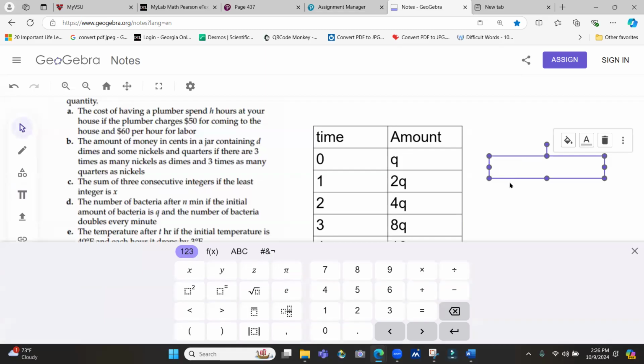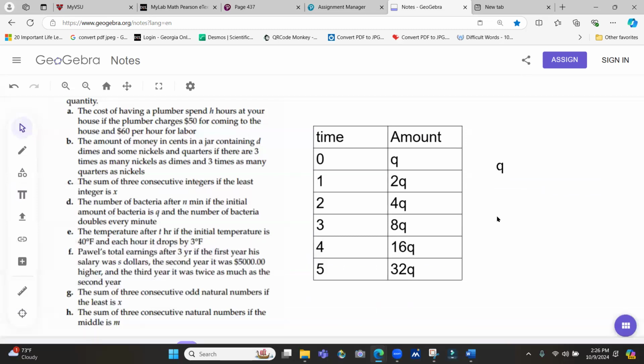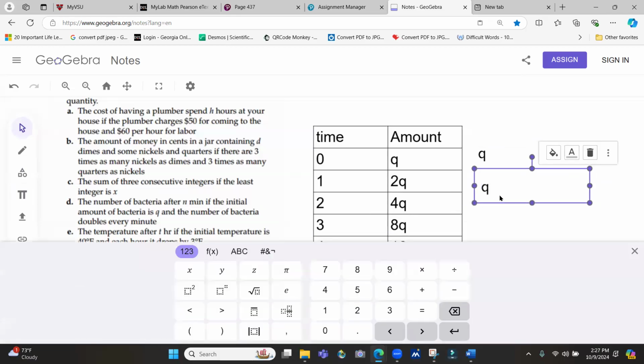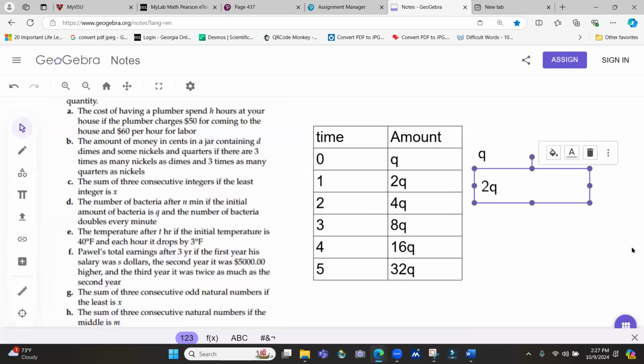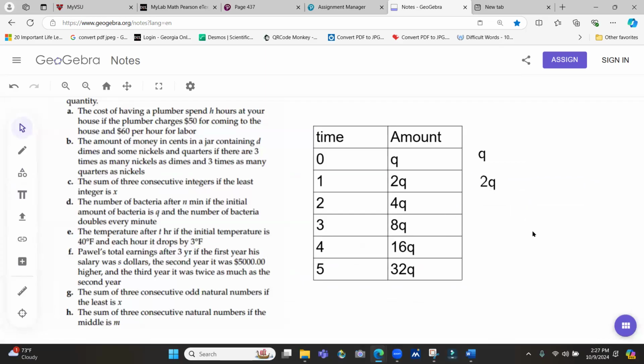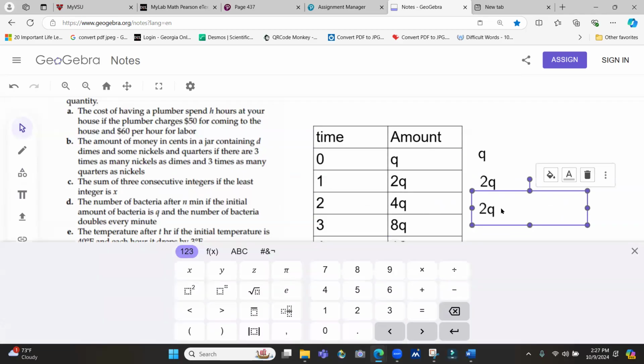This one is Q. Q is Q. Instead of 2, I can write 2Q. No change, right? I can write 2 to the power 1, but I'm going to write 2Q. But instead of 4Q, I can write 2 squared times Q.